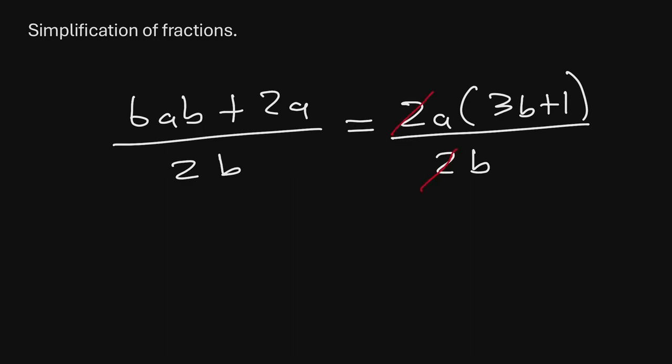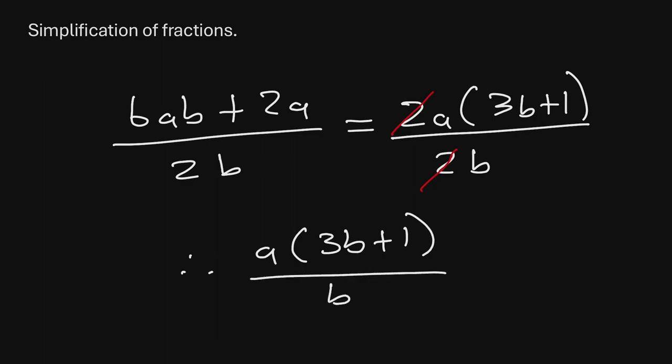So 2 and 2 will cancel out because if you divide same numbers, they're going to give you 1. So our answer will be a into 3b plus 1 all divided by b. This will be our final answer.